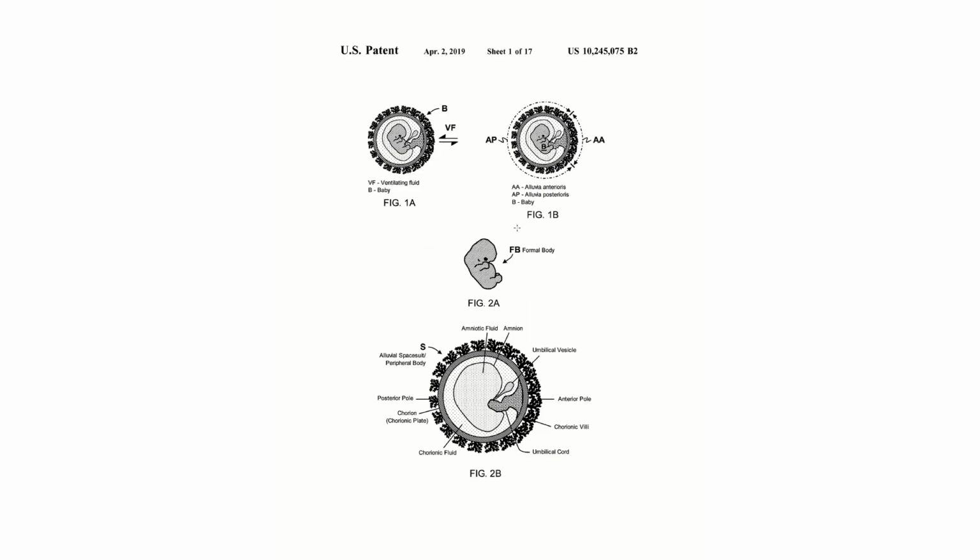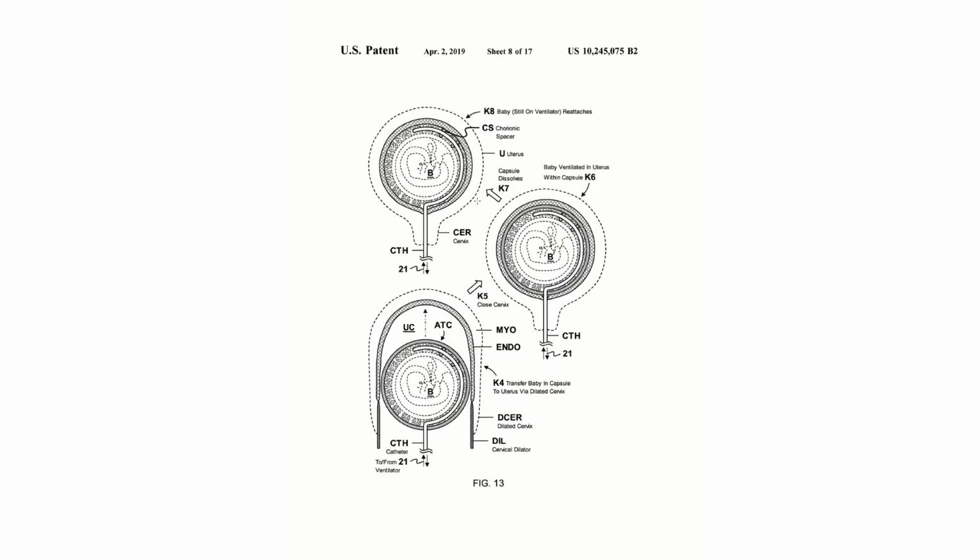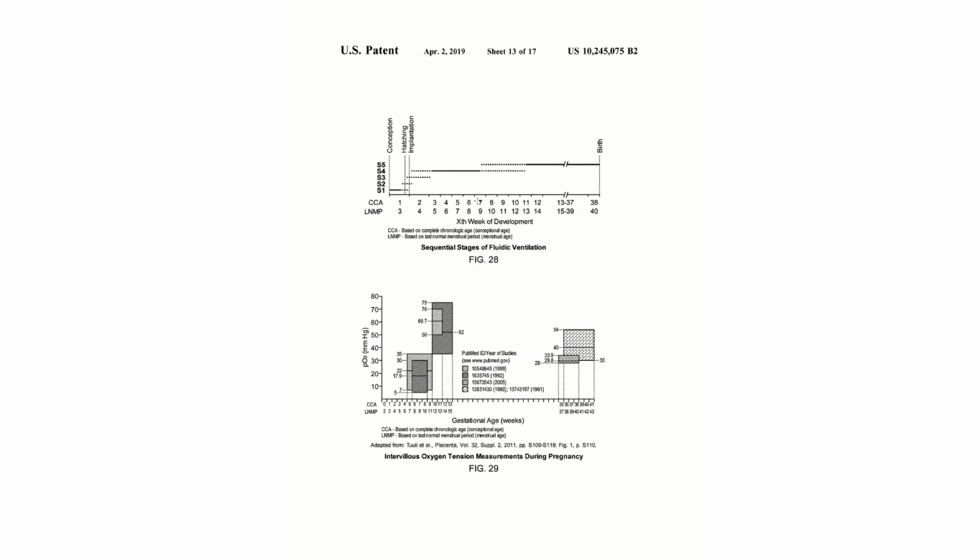After you deliver the baby, you're going to have to wash the baby. You're going to wash the baby in ventilating fluid or ventilating liquid. It's going to change in composition over the sequential stages of the fluidic ventilation.